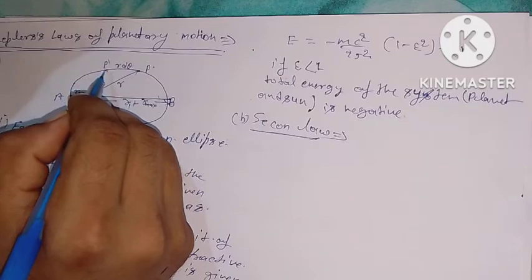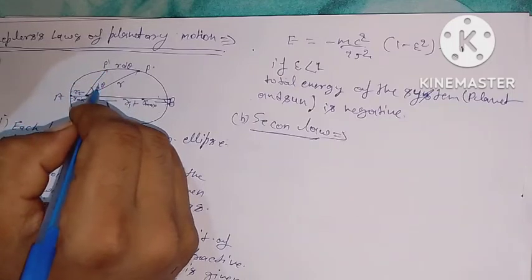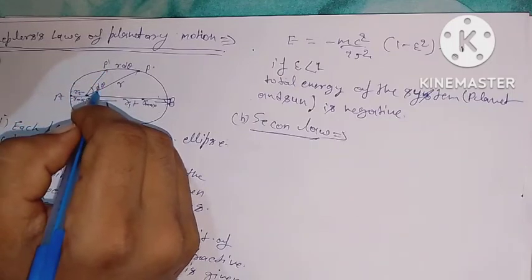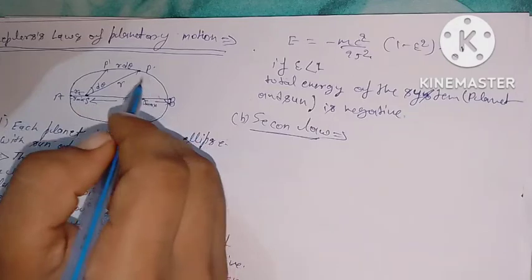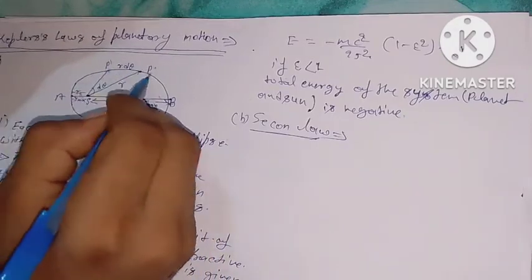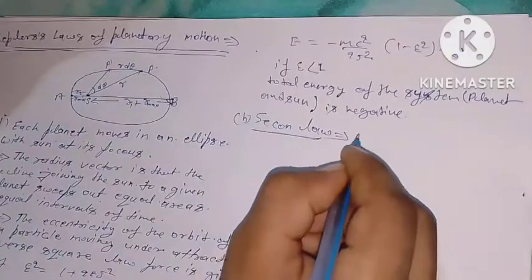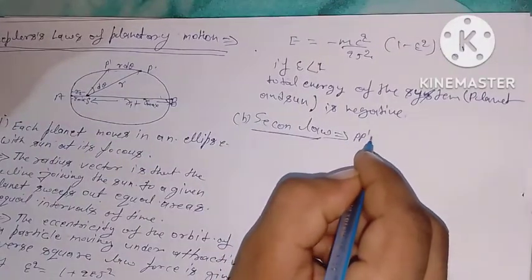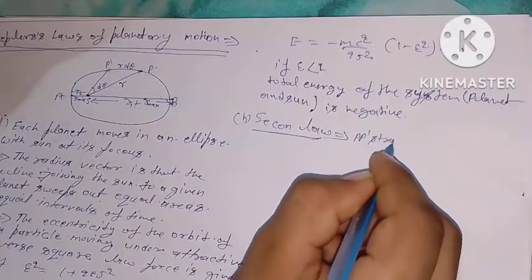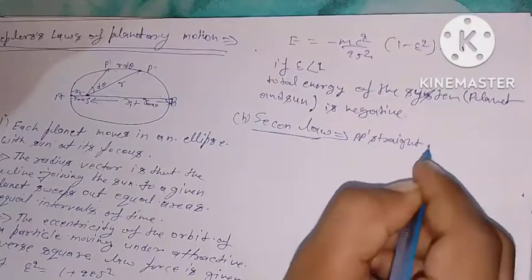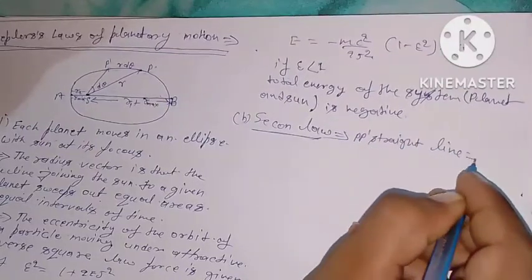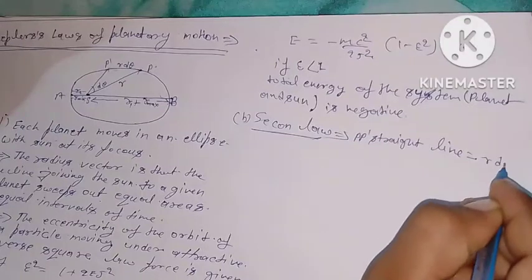If dt is infinitesimally small, then PP dash is a straight line equal to R d theta.